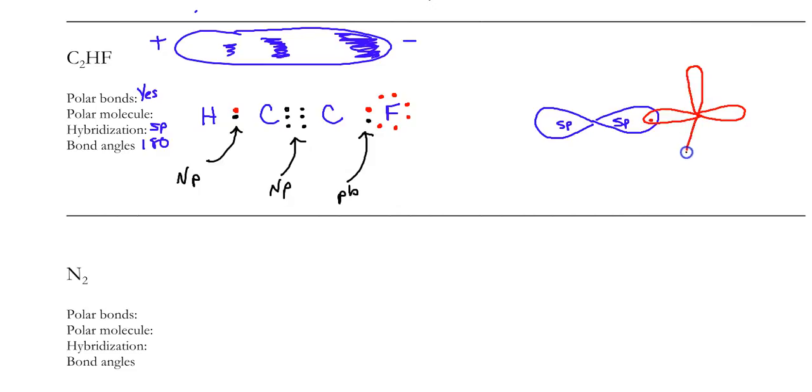The whole thing is unhybridized, so I have to draw the 3 p's. This one is coming at you and into the board. And then we have our s's. Okay, put the rest of the electrons in. We have 1 here, 1 here, and then 1, 2, 3. All right, be careful. We have our triple bond here.